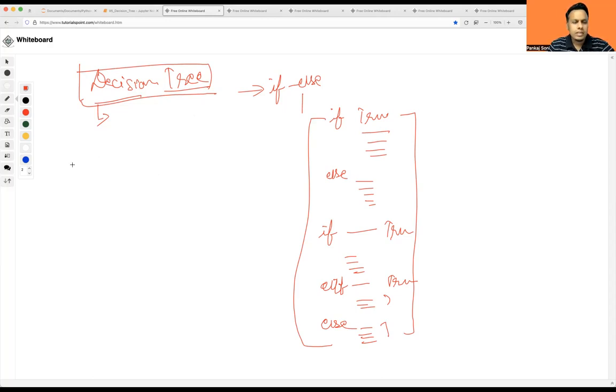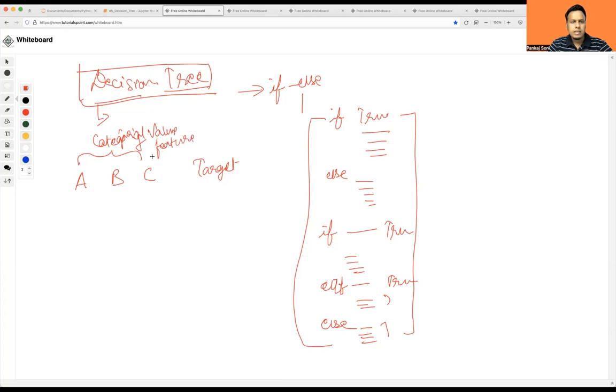Let's say you have some kind of example. Let's say I have some features in the data, say A, B, and C, and here we have some target. Let's say all are categorical values or features, I would say.